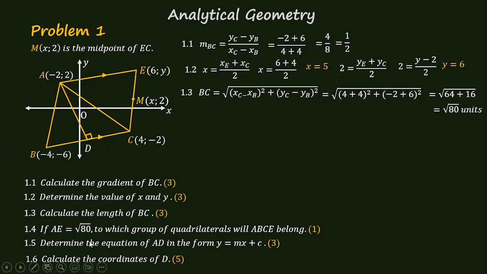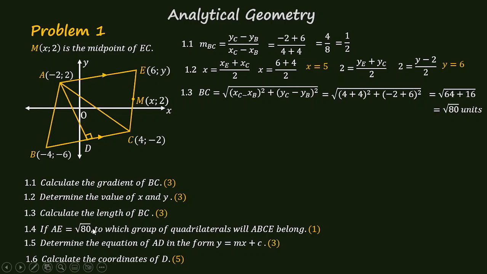And the fourth question says, if we are told that the length of AE is also the square root of 80 units, to which group of quadrilaterals will ABC belong to? So you look at this quadrilateral. This side is given that it is parallel to there, and we have calculated the length of BC to be the square root of 80, and we also know that that side also is the square root of 80 from this information.